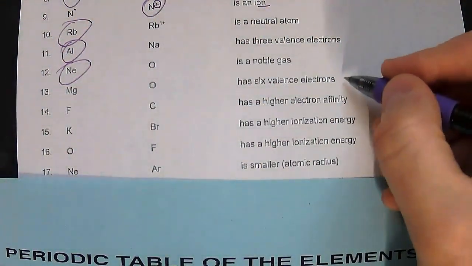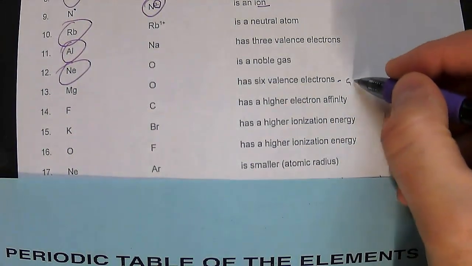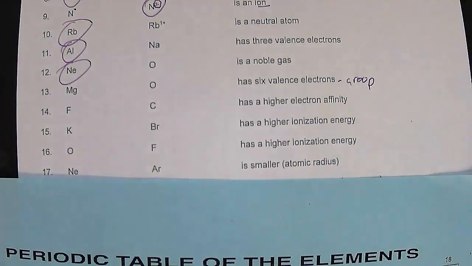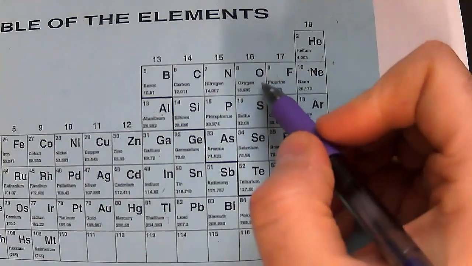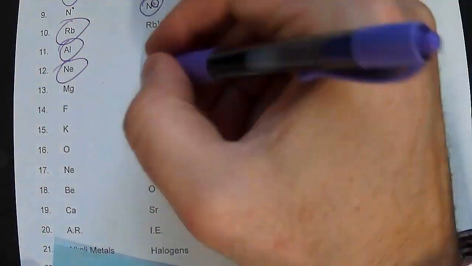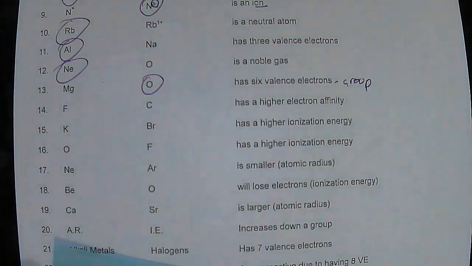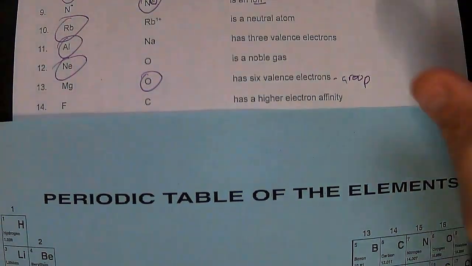6 valence electrons, again, this is determined by the group. So if we have the group, let's see, magnesium versus oxygen. Oxygen is 16, magnesium is 2, so this is oxygen. Okay, higher electron affinity.